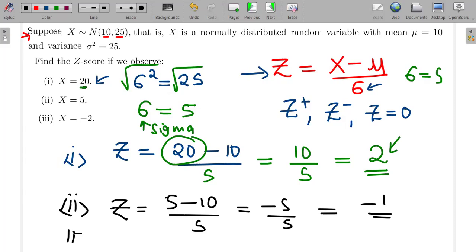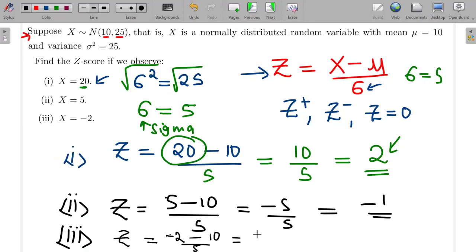What about part 3? Let's write properly, we are mathematicians. The z-score is the observed value, -2, minus the mean, 10, divided by 5.